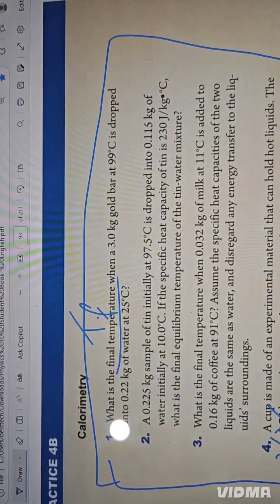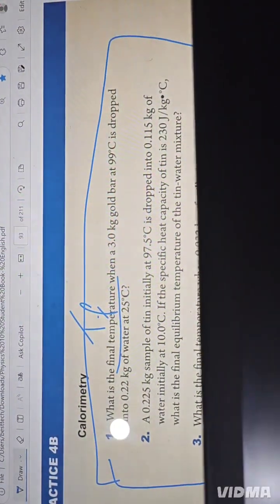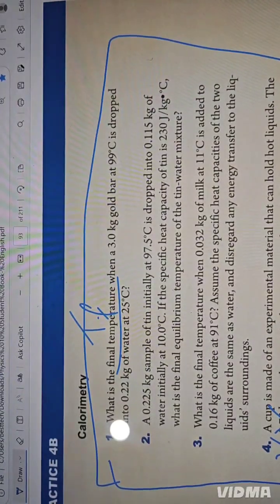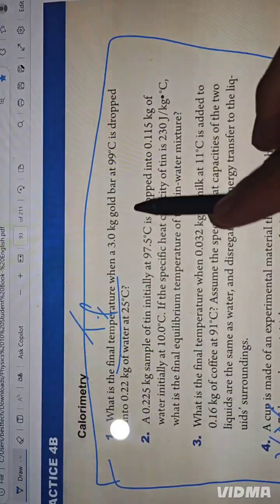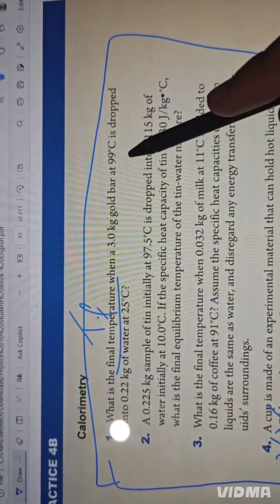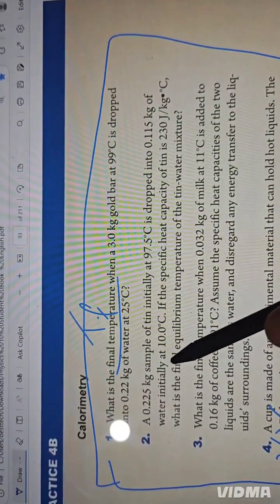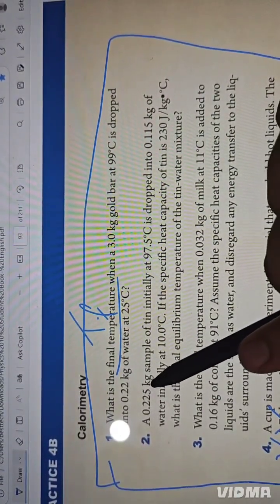Question 1. Find the final temperature when 3 kilogram of gold, this is the mass of gold, at 99 Celsius, is dropped into 0.22.